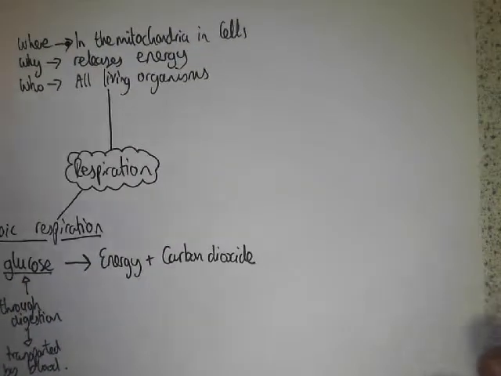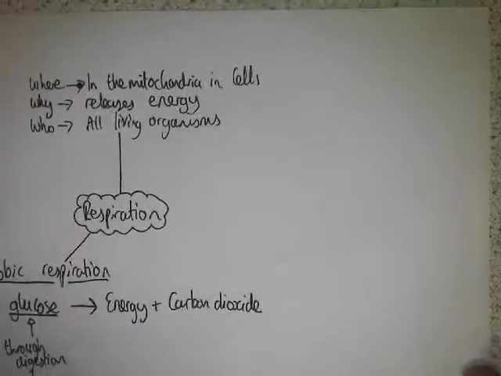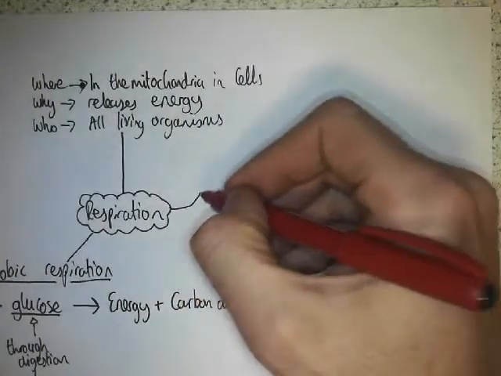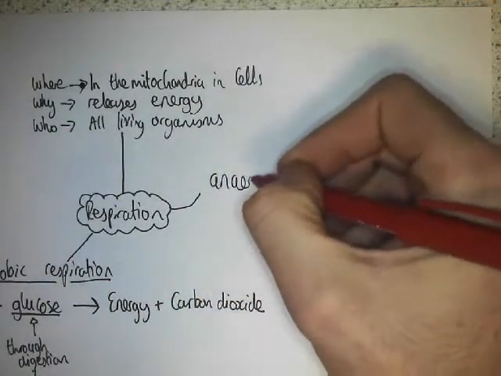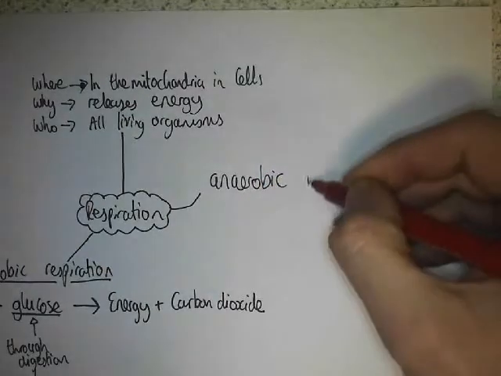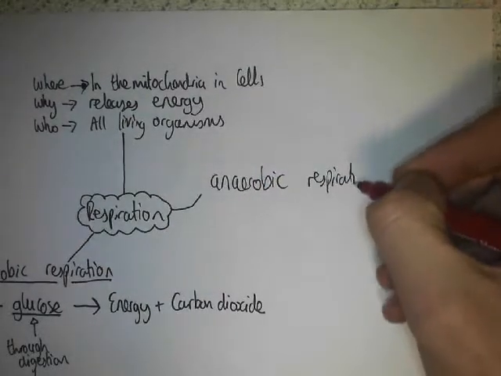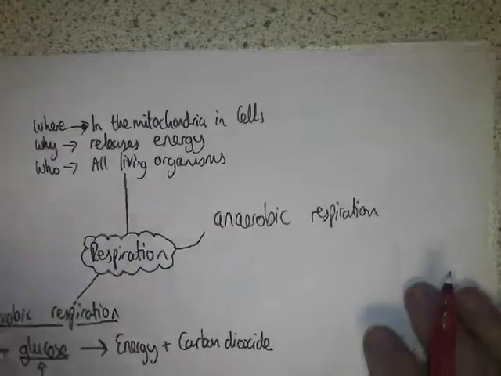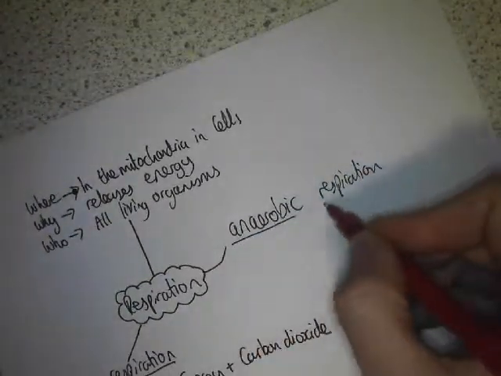Now then, let's have a look at the other type of respiration. And this is anaerobic, without oxygen. Now this is the type of respiration you're probably not so familiar with.